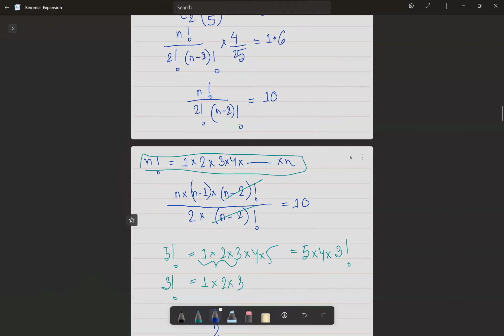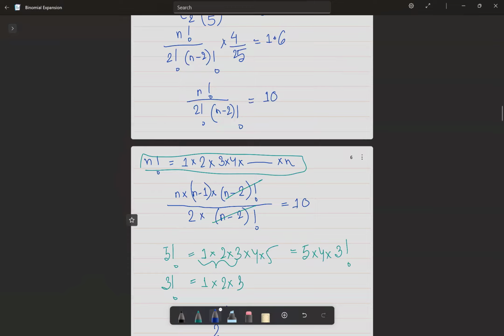So for n, we wrote n, then the next smaller number is n minus 1, and the next is n minus 2. So we added factorial in there. And then 2 factorial is 2 from our calculators. And n minus 2 factorial just sits right there.